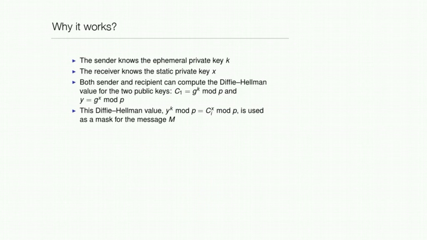Both sender and recipient can compute the Diffie-Hellman value from the two public values, C1, G to the power K mod P, and Y, G to the power X mod P. The Diffie-Hellman value Y to the power K mod P is the same as C1 to the power X, and this is used to mask or hide the message M. So the receiver just has to compute it and take the inverse for the decryption.